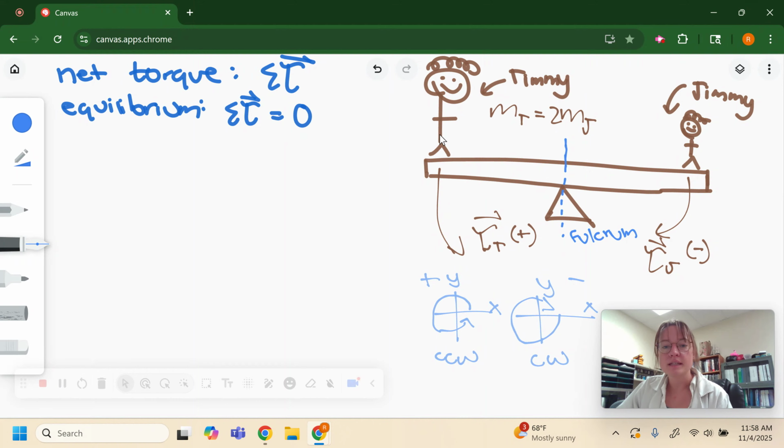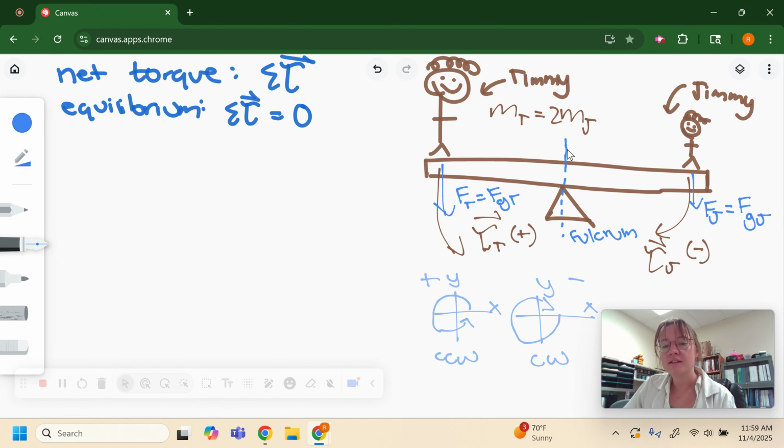Now, we would say that Timmy is going to create a force down on the seesaw, and that force down is going to be the force that Timmy applies, which is going to be equal to Timmy's weight. Meanwhile, Jimmy is going to create a force down on his side, and the force of Jimmy is going to be equal to Jimmy's weight that he applies downwards on the seesaw.